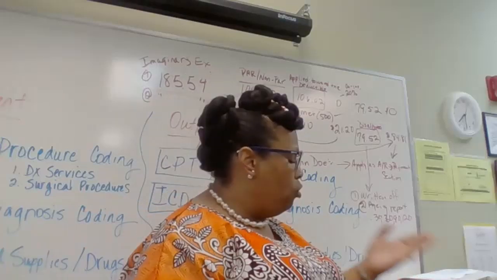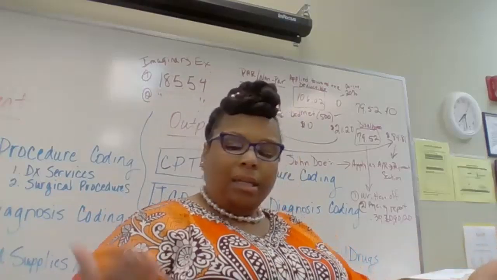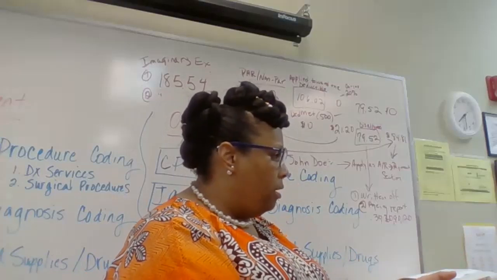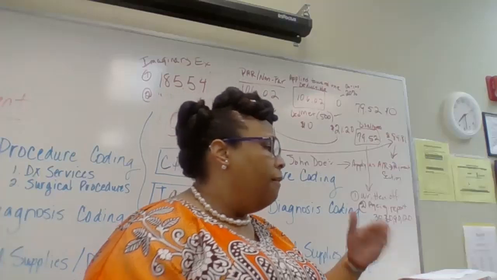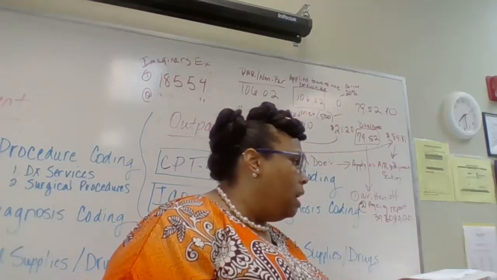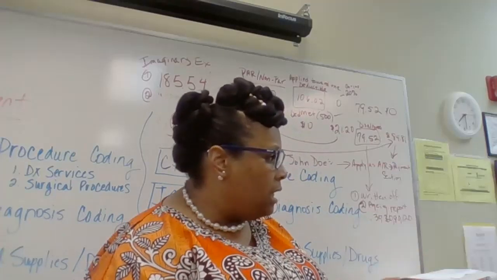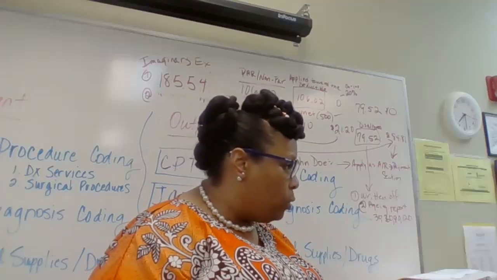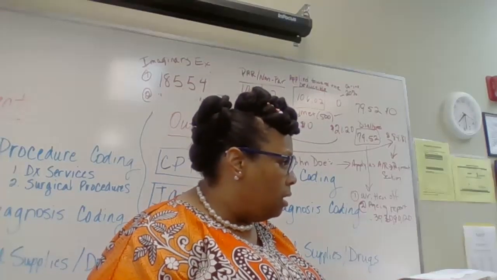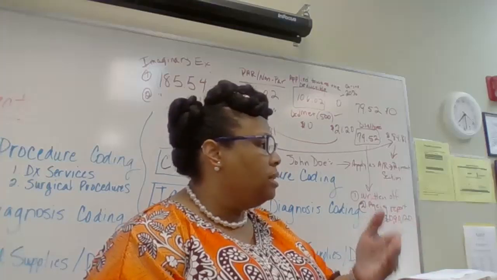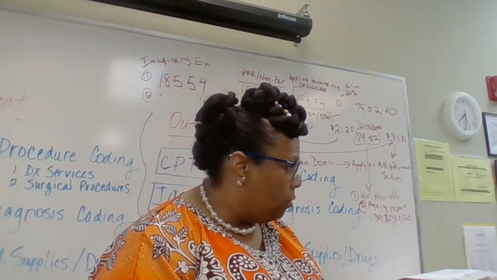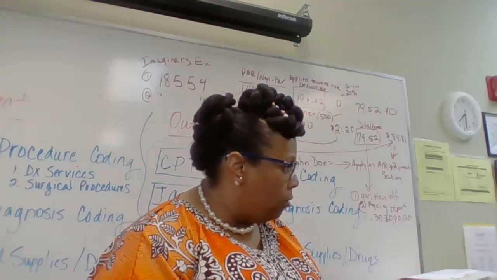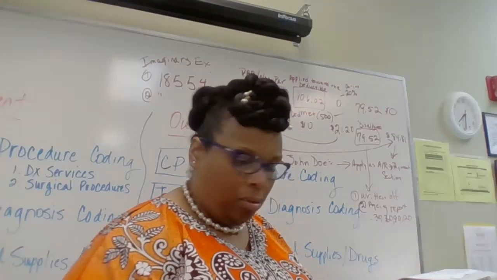When the UB04 goes in for a bill, and the CMS 1500 goes in for a bill, they're going to acknowledge that you paid $900 at the doctor's office and $1,500 at the hospital to have this done. $1,500 plus $900 is $2,400. That's going to be applied towards your $7,000 deductible. Okay, I get it. So they have to actually pay in order for you to even move the deductible number.